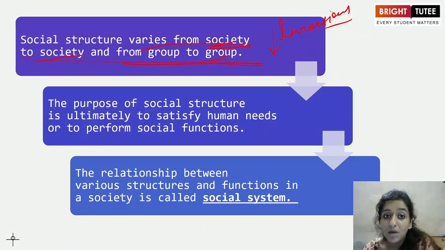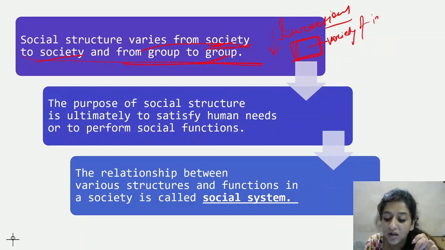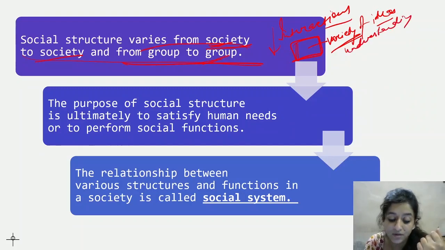Herein we are talking about society and groups, which are larger wholes, which do not have just one person involved. They have variety, a lot of people involved, and hence a variety of ideas and a variety in ideologies and understanding. And exactly because of this, the social structure keeps on changing.